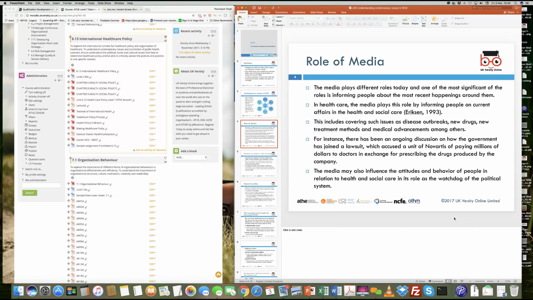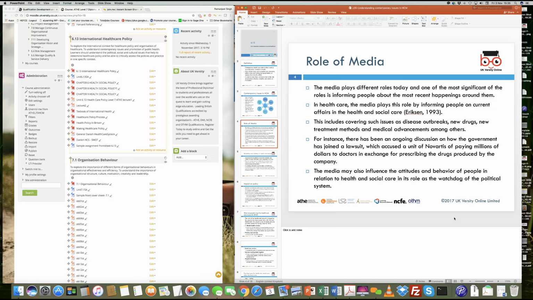They also hold, to a certain extent, public services to account under the Freedom of Information Act, if you've heard of it, which was introduced in 2010. They can seek out information from the NHS and the healthcare department within the government, to bring out pieces of information which can then be shared with the public in general.